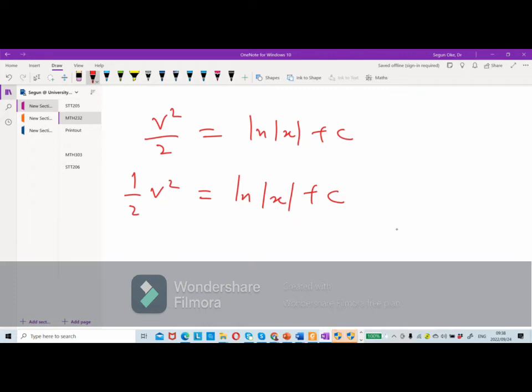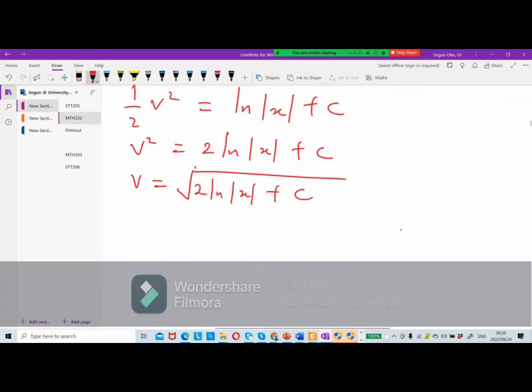Multiply by 2, you have v squared equals 2 ln x plus c. To make life simple for me, I will take the square root of both sides. I will have v equals the square root of 2 ln x plus c.